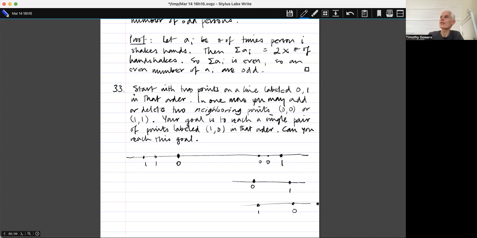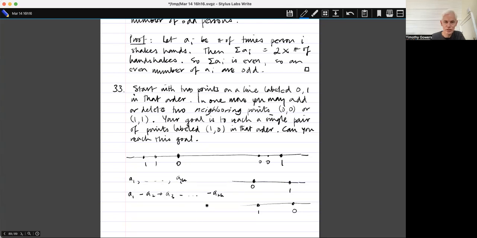Okay, so I like this. If I've got numbers A1 up to A2K going down the line, the invariant I'm going to think about is A1 minus A2 plus A3 and so on, minus A2K. Actually, this will be an even number of terms. I think this has a good chance of working.